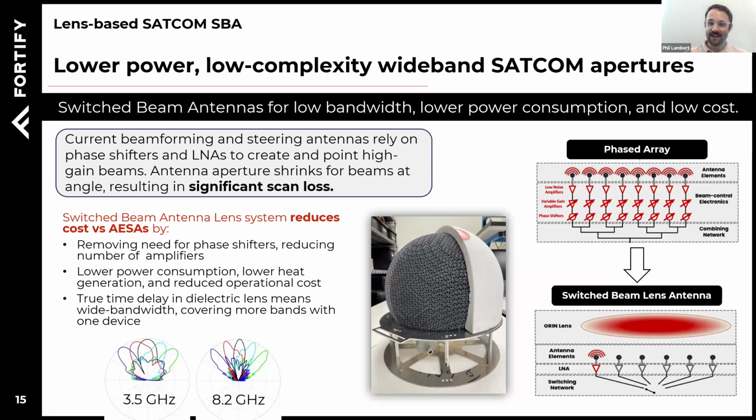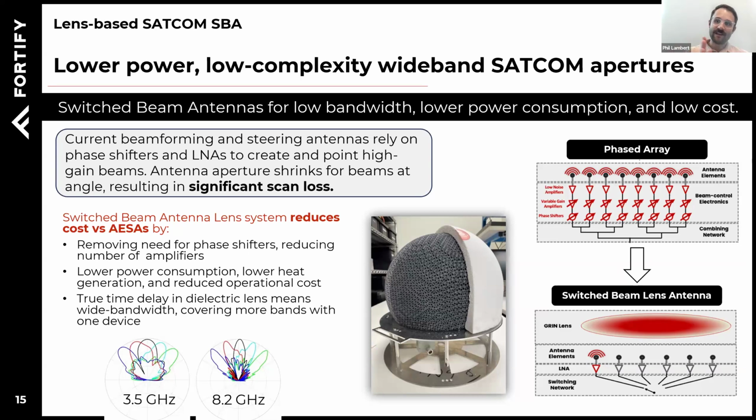If you didn't need the pointing resolution of a phased array antenna, and you could instead use discrete beam positions with perhaps a 3 dB down overlap between your beams, you could switch to a much lower cost switched beam lens antenna architecture, where you have a switch network connecting to an LNA and an antenna element.